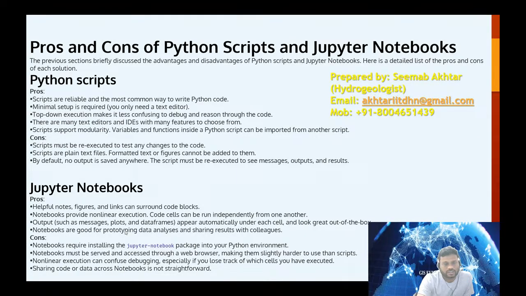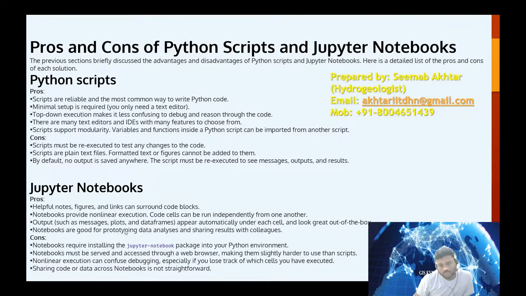So the pros and cons of Python scripts and Jupyter Notebook, we'll see here. The pros of scripts: they are reliable and the most common way to write Python code. Minimal setup is required. Top-down execution makes it less confusing to debug and reason through the code. There are many text editors and IDEs with many features to choose from.